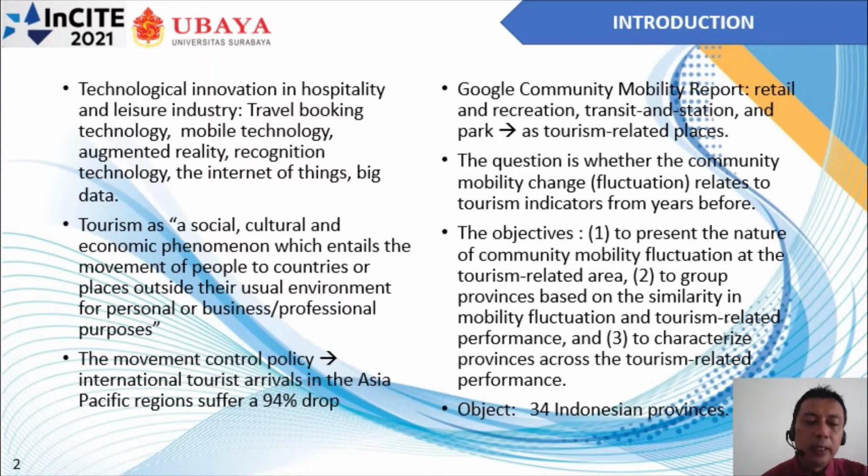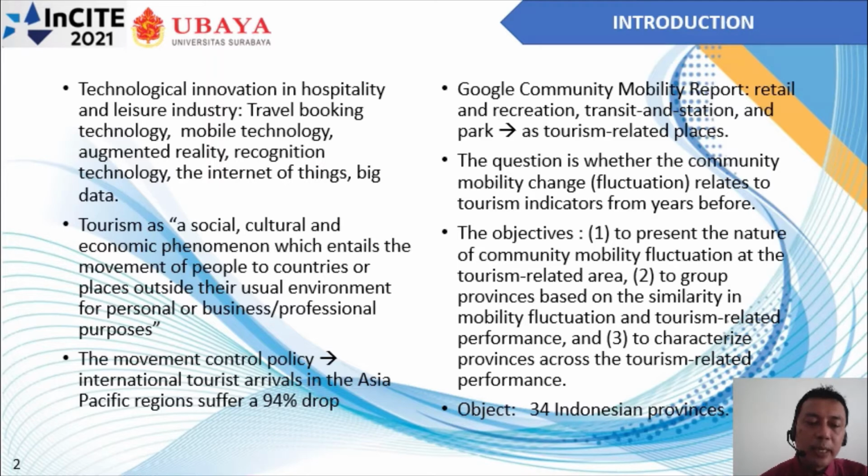During the over 1 year pandemic, starting March 2020, the movement control policy and social distancing campaign have changed the community mobility. Google published a community mobility report with daily time series data starting from 16 February 2020, covering 6 areas. 3 areas, retail and recreation, transit and station, and park, could be considered as tourism-related areas.